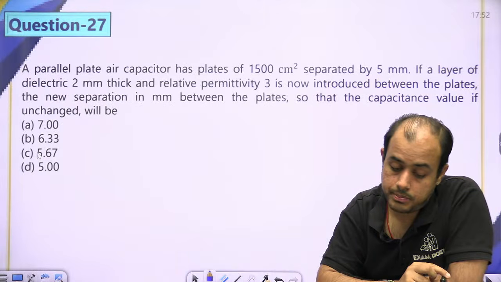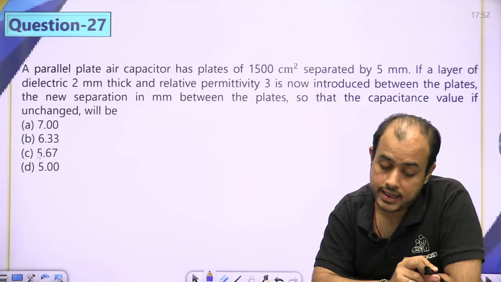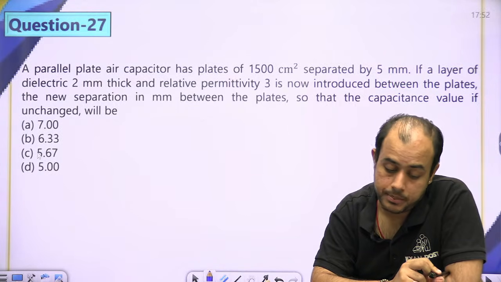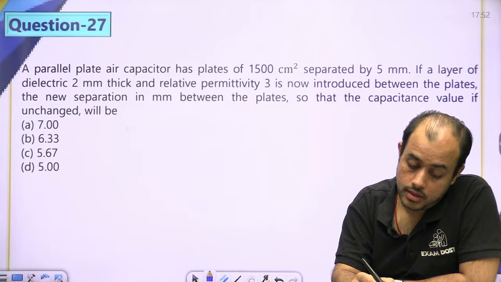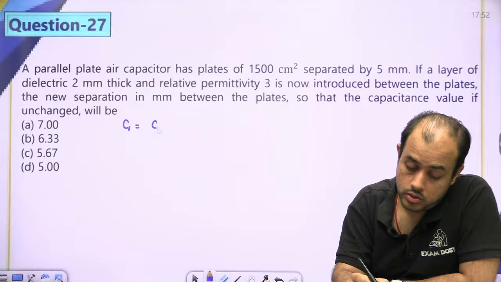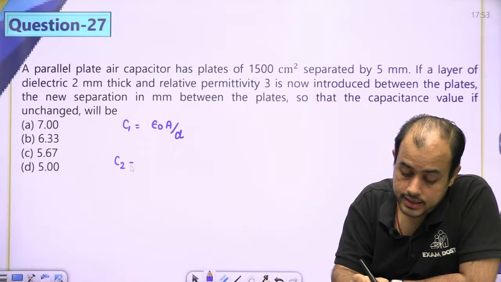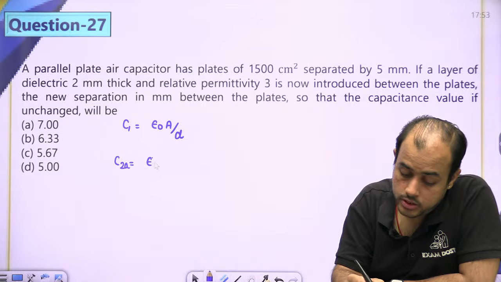So last question. Parallel plate air capacitor, 2 mm thick dielectric of relative permittivity given. What is the new separation? So capacitance is unchanged. Capacitance is earlier this. Okay, in the second case, the capacitor is divided into two parts.